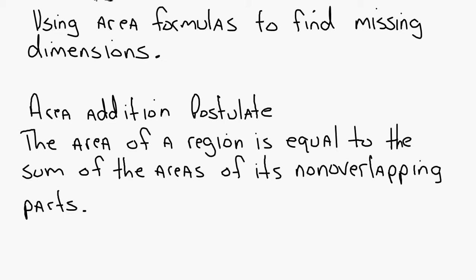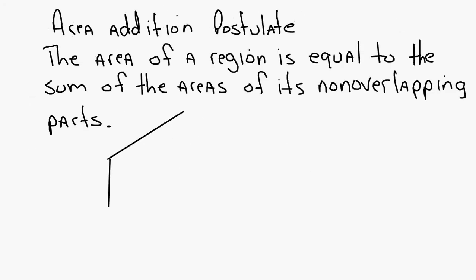So what that means is if you were given a shape and you were asked to find the area of this shape, you don't have a formula for the area of a pentagon unless it was a regular pentagon.